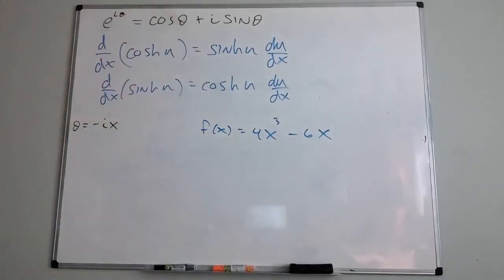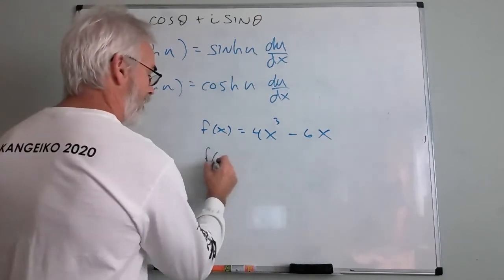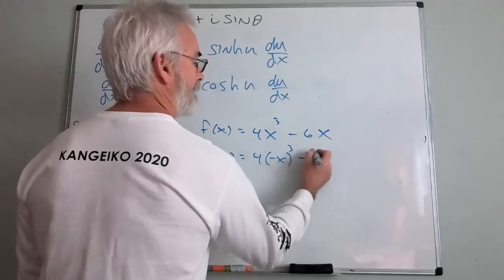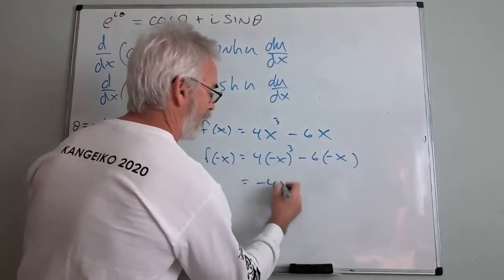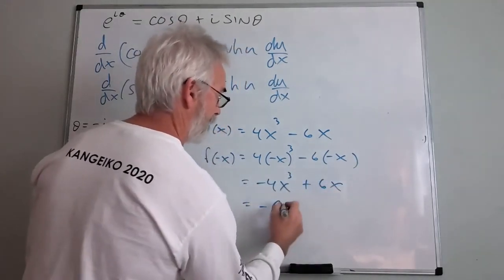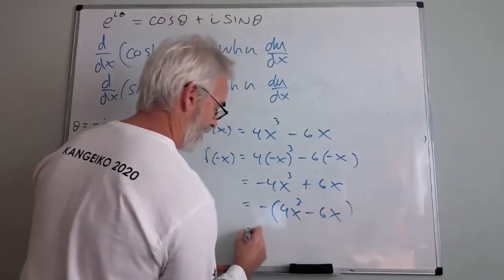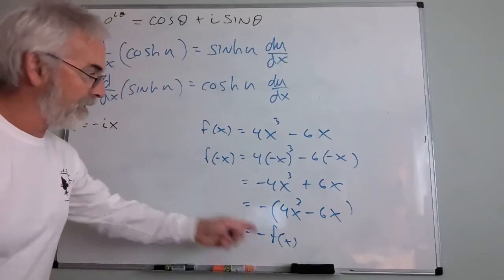These are both odd functions because they're both of odd degree. So f of negative x is 4 times the cube of negative x minus 6 times negative x. That's going to be negative 4x cubed, plus 6x, which is the negative of 4x cubed minus 6x. So that's negative f of x, as it was supposed to be.